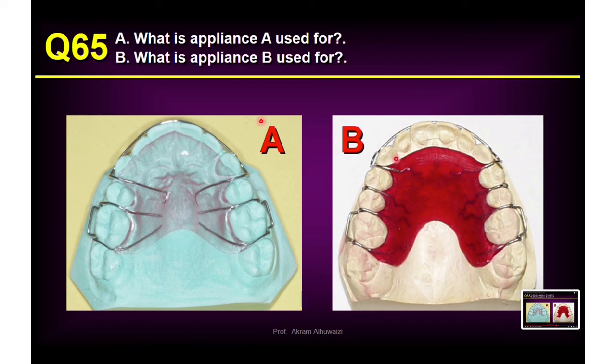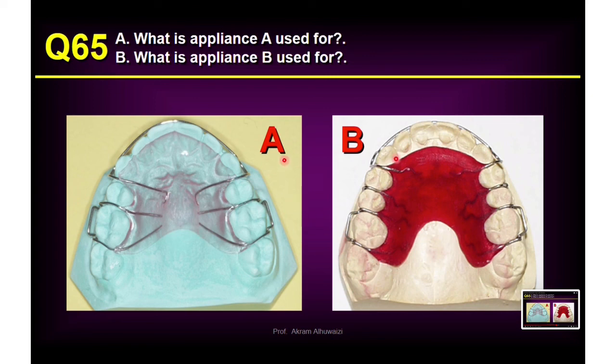The difference between appliance A and B is that in appliance B, there is some relief of the acrylic base plate behind the upper incisor. This is because this appliance is used actively to tip the upper incisor teeth palatally, so the acrylic covering at the palatal is trimmed a bit.